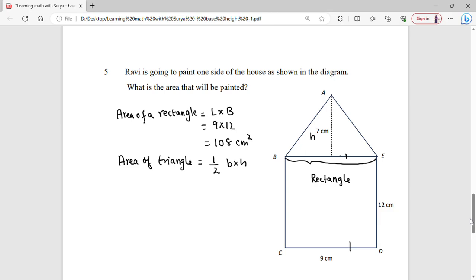So the base has to be 9 cm. Okay, so that you need to identify. So this becomes half into 9 times 7, which is 63 by 2, or it is 31.5 cm square.